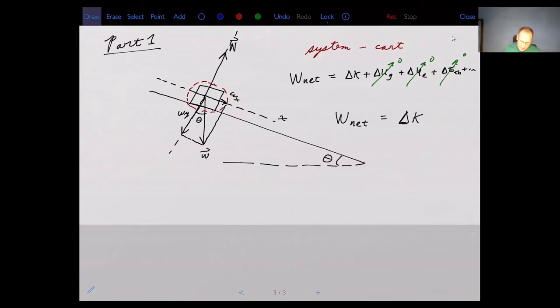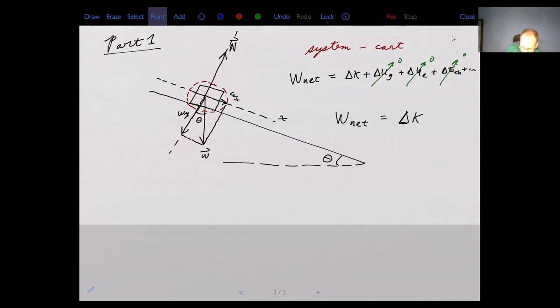So if you think about this, the net force acting on that cart is simply going to be the x component of the weight, right? The normal force and the y component of the weight are going to add to 0, they're going to cancel out.